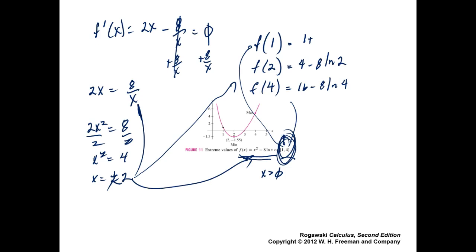Okay, so that's the same for me too. Perfect. And this one is figure 11. Does it look like that? No, but it's okay. I'll follow along.